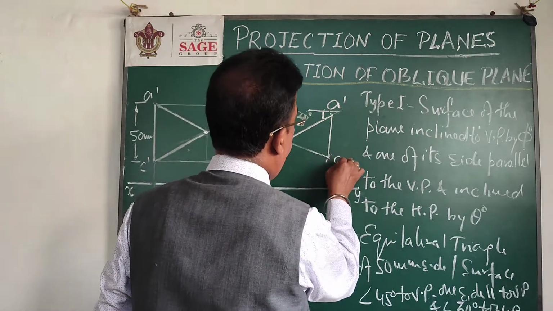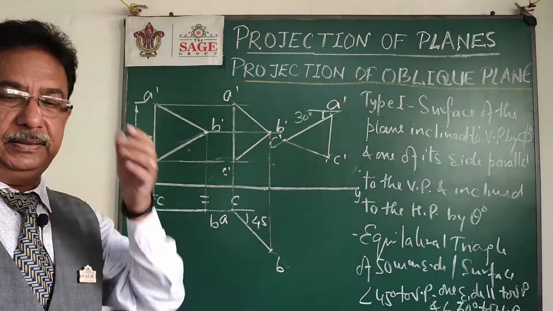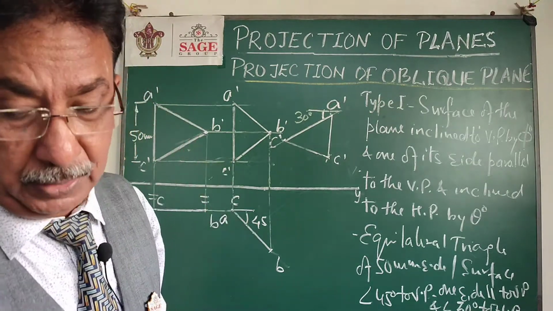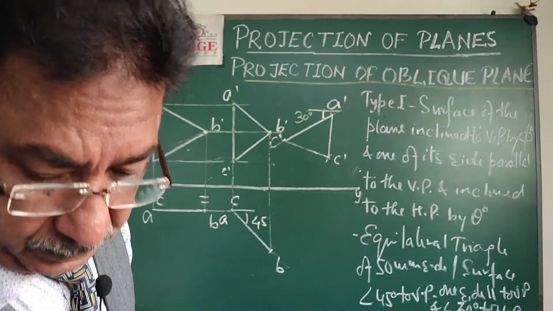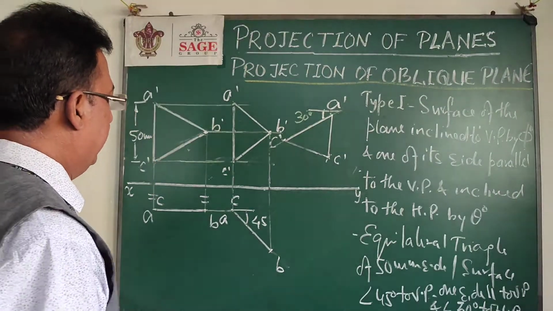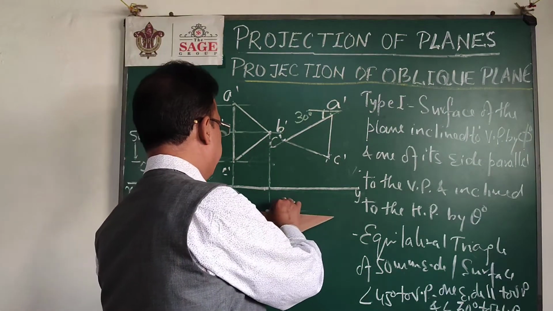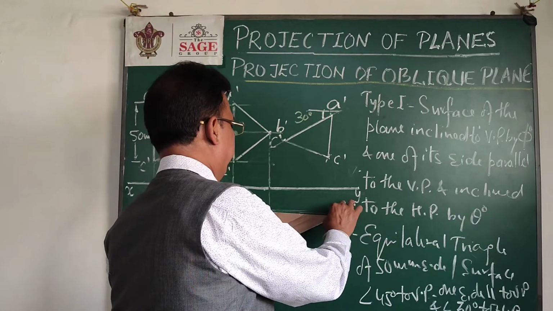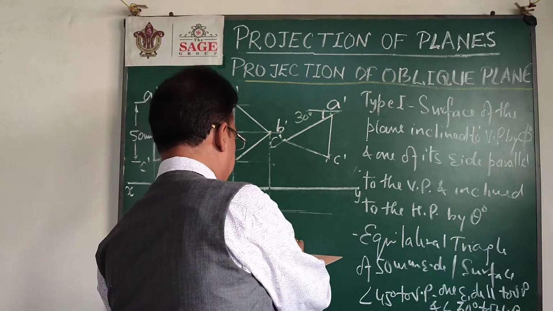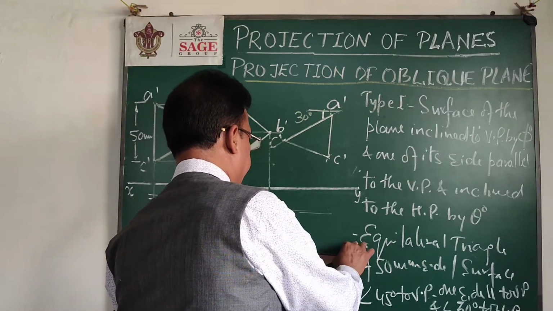Now look at this figure. Now one of the side that is kept parallel to VP is now inclined at 30 degree to the HP. Now with the help of that I can easily draw the top view. As you know that when the plane will be inclined to HP by some angle, the distance of the top view is not going to change again.